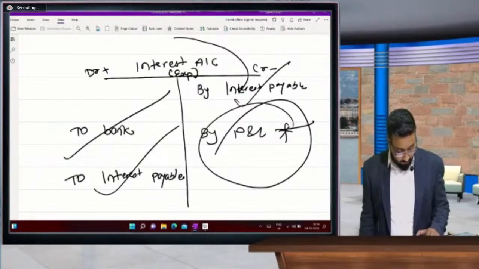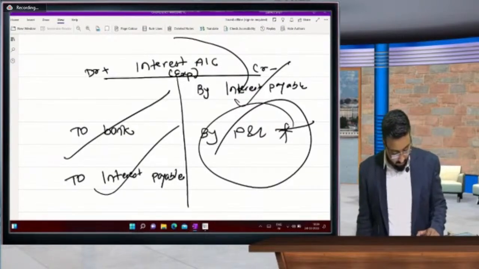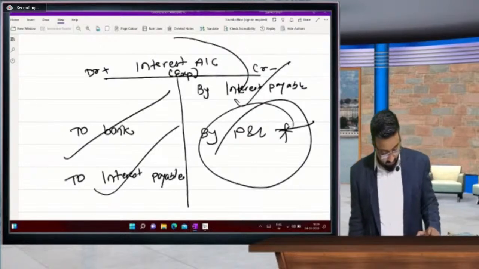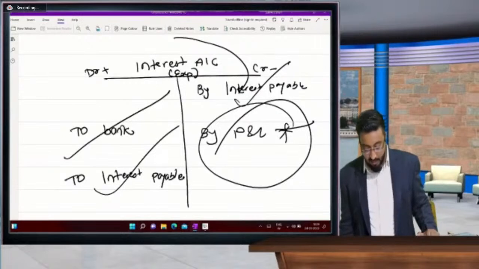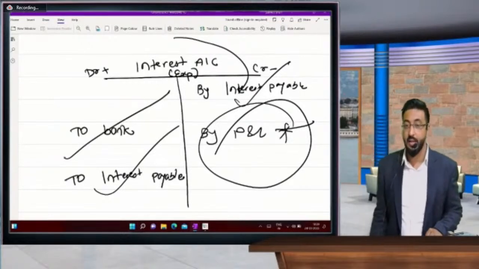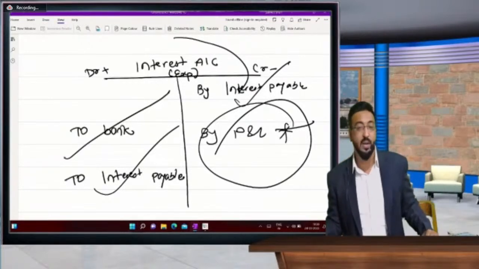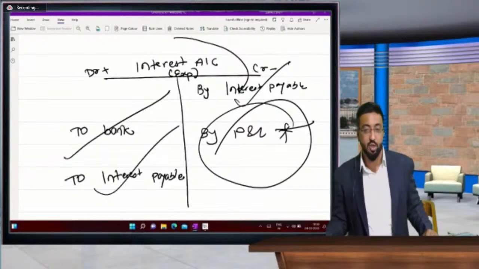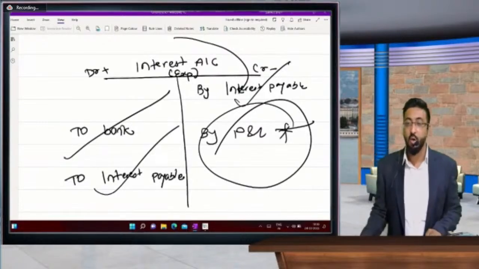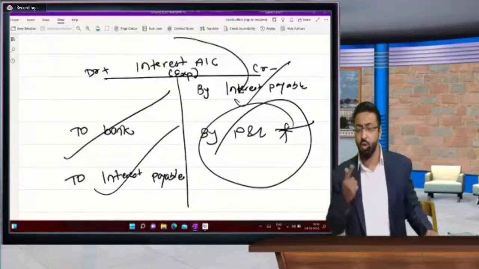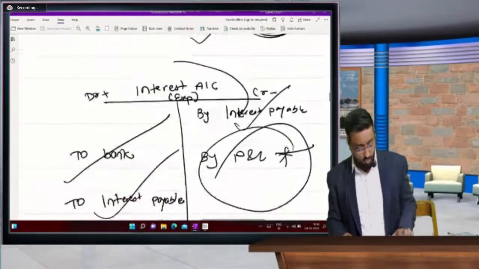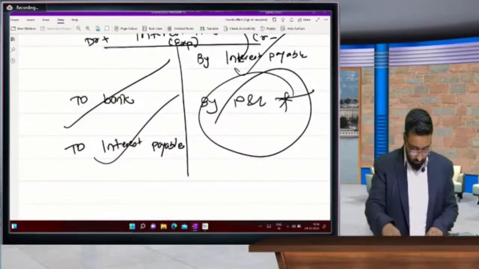Everyone? Fast. Interest account to bank, interest to interest payable, by interest payable, and balancing figure is by P&L. चलो, fast बोलिए. Interest account का pro forma. जल्दी. चलो, make it very fast.